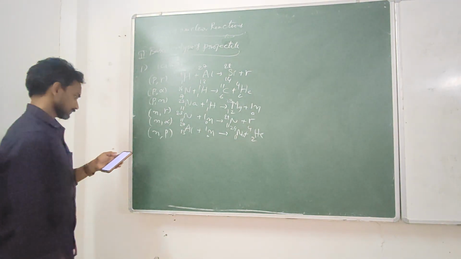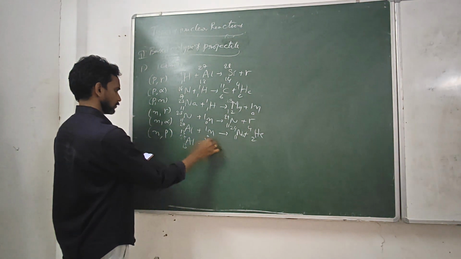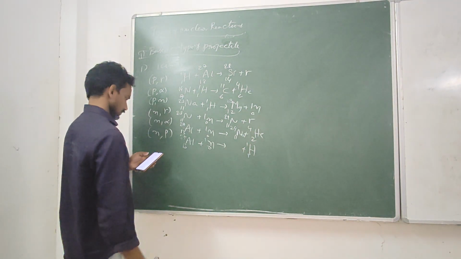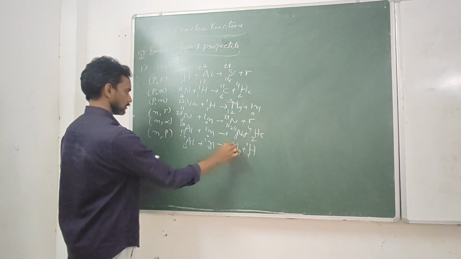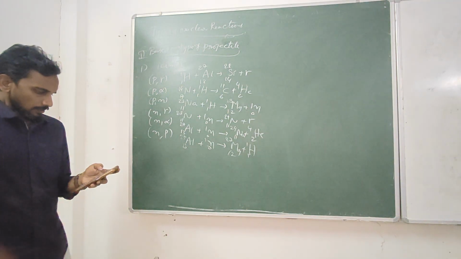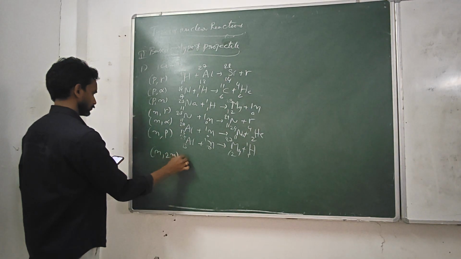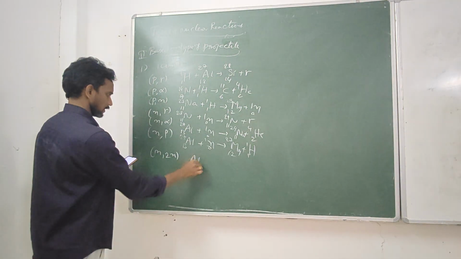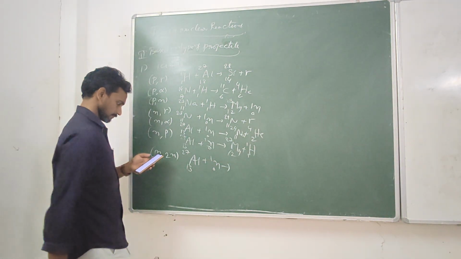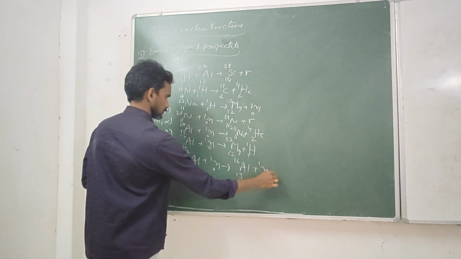Next neutron and proton: Al1327 plus N01, you should get a proton, the remaining is Mg1227. And neutron to neutron reaction, N gives you double neutrons. So Al1327 plus N01 gives Al1326 plus N01 plus N01.